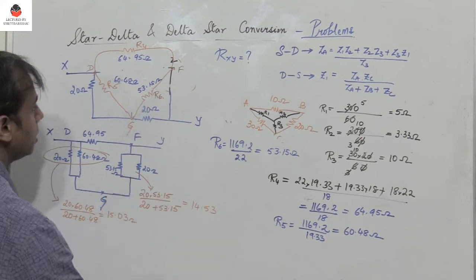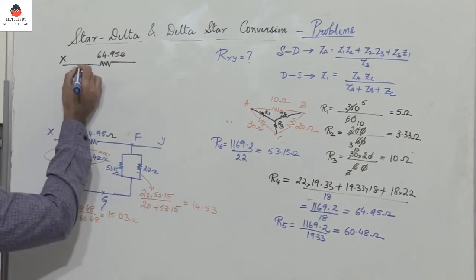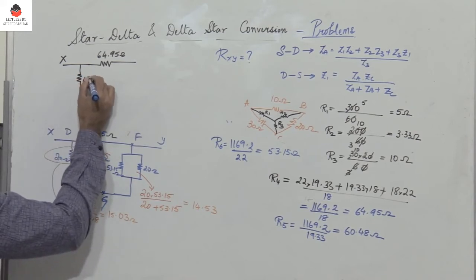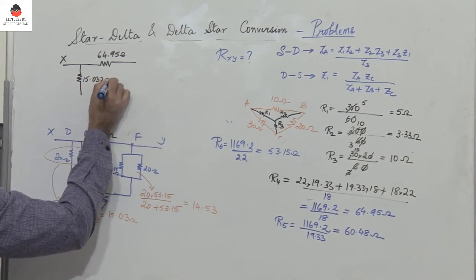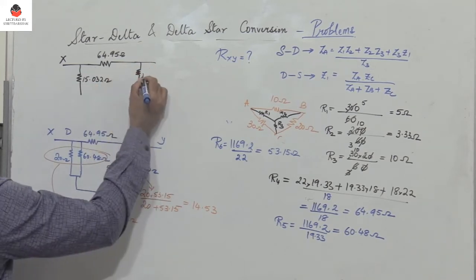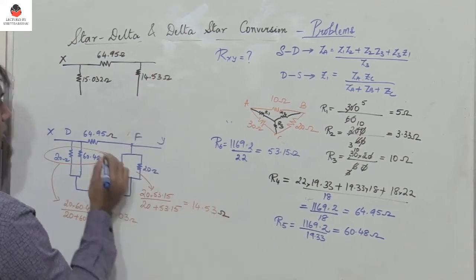So now let me replace the circuit, and then I have the equivalent resistance, which is 15.032 ohm, and then I have another resistance which is 14.53 ohm, right?